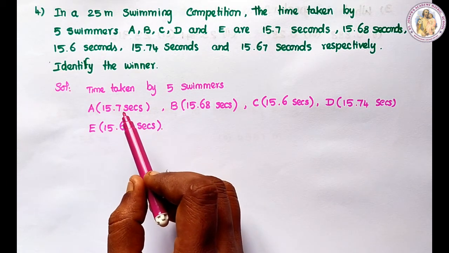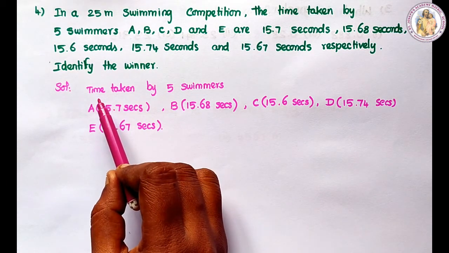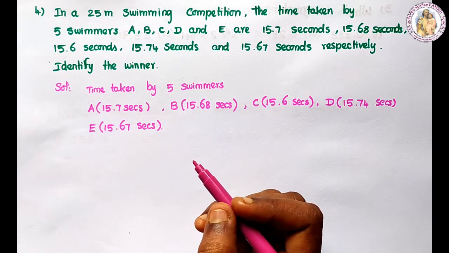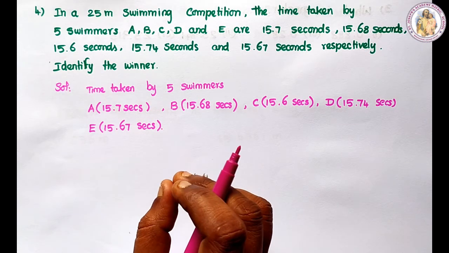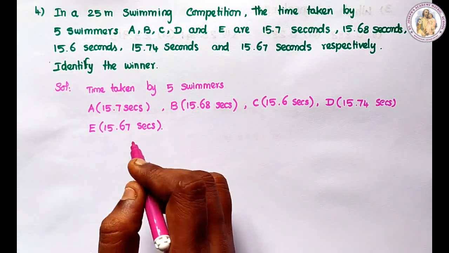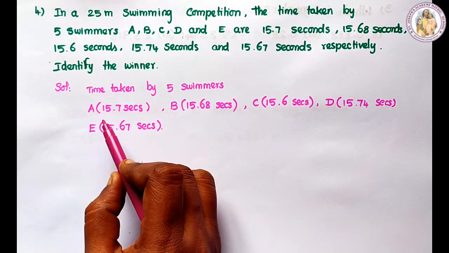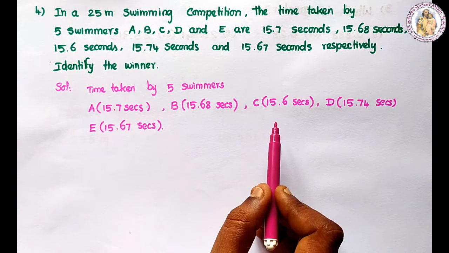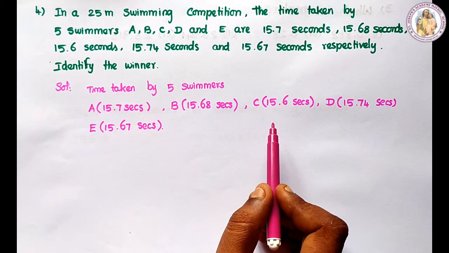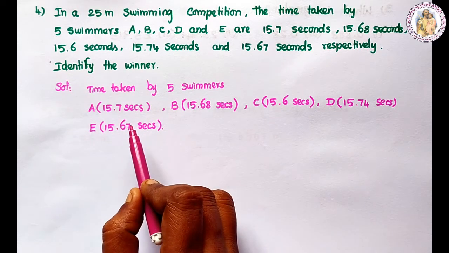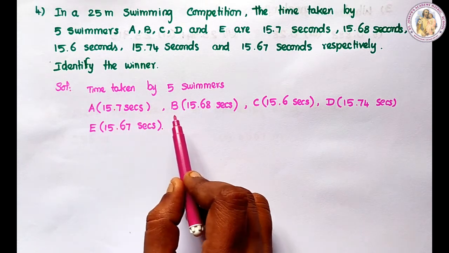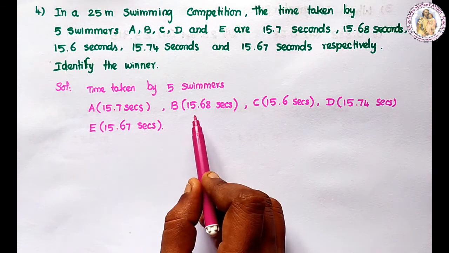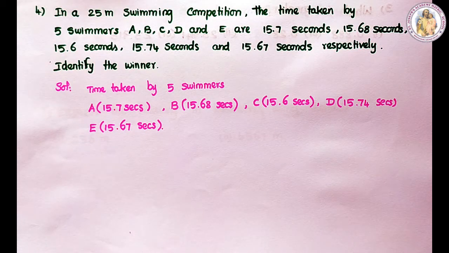The time taken means who reached the destination within a short period, that is the winner, right? Here we have to see the smallest number. That is the short period. So the smallest number is 15.6.